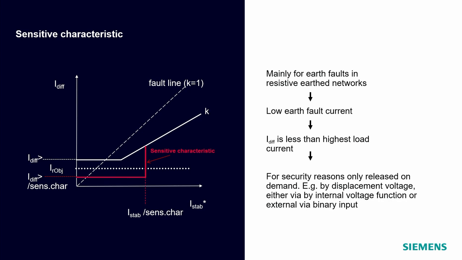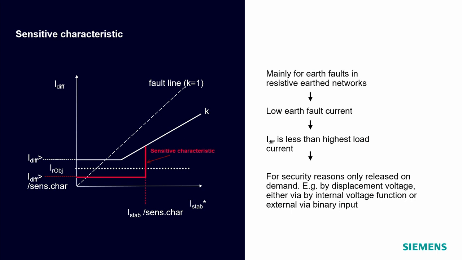We can work with this characteristic, but this characteristic should not be activated every time. So the sensitive characteristic should be activated by a second criteria, which is the indicator of a phase to earth fault. And typically we are using here the displacement voltage.